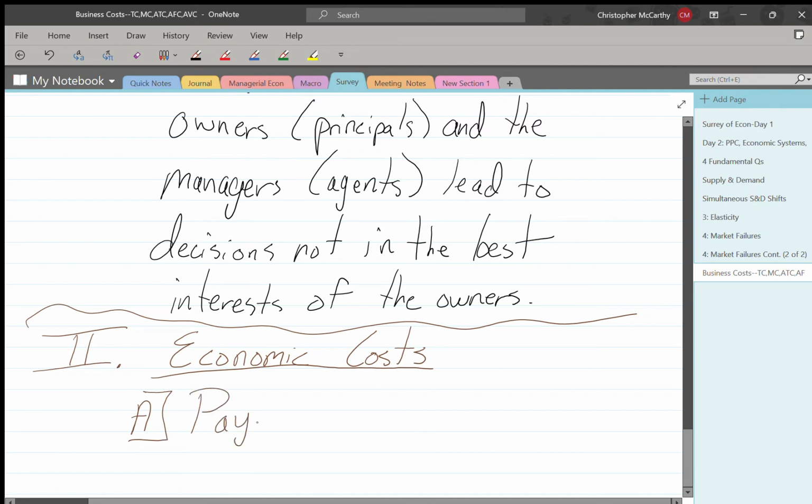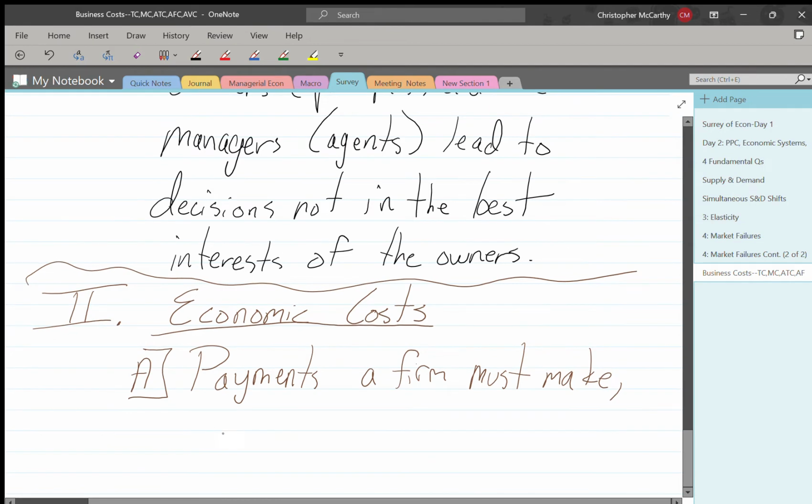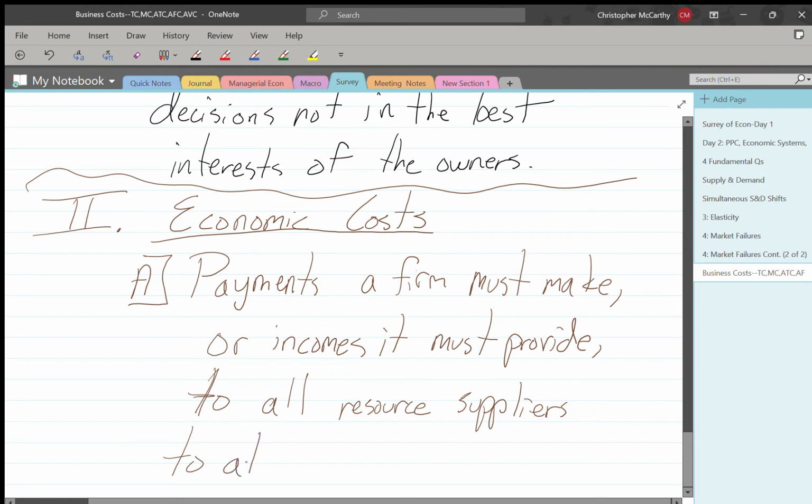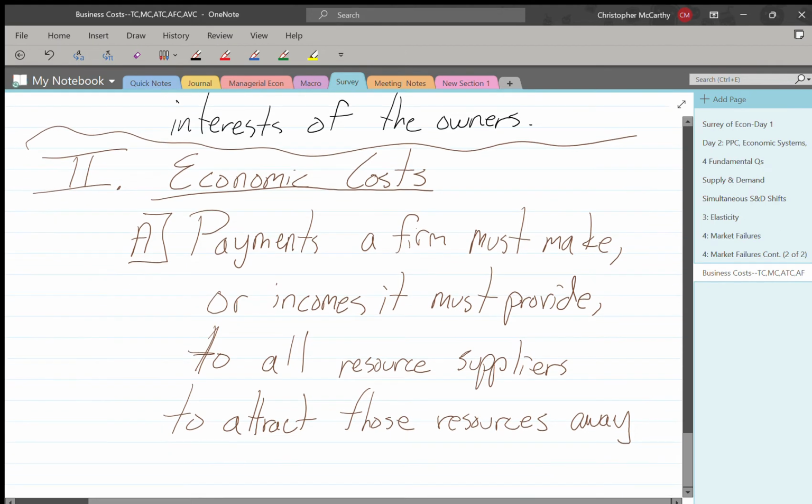So these are all the payments that a firm must make, and this is including income, or the incomes it must provide to all the resource suppliers to attract those resources away from their next best alternative production opportunity.